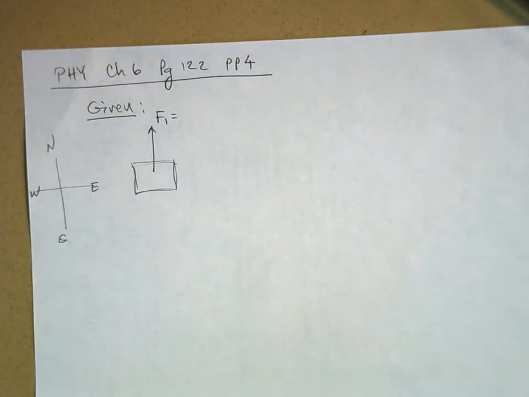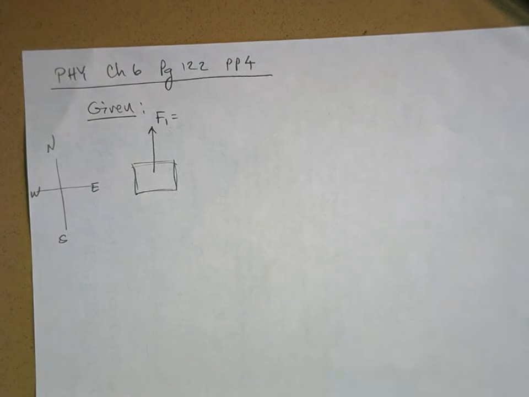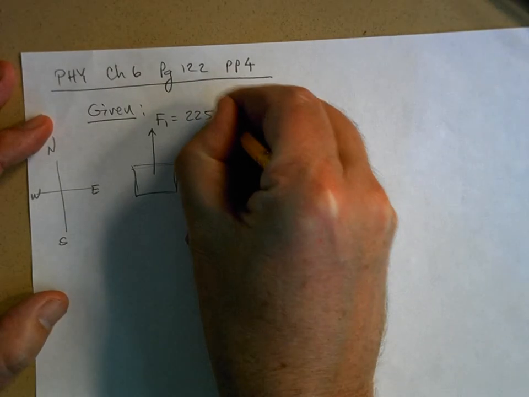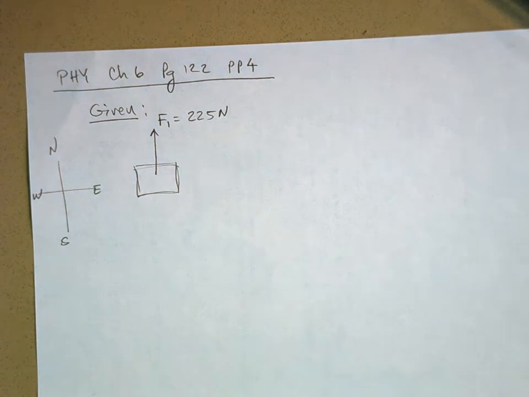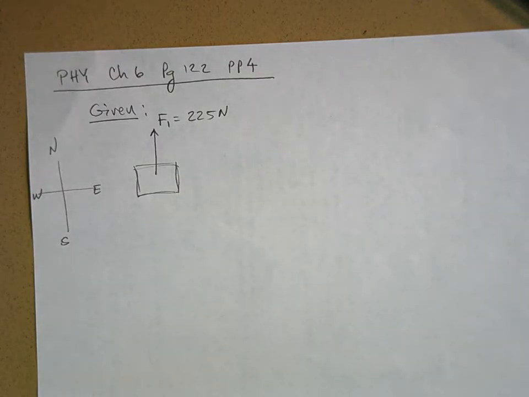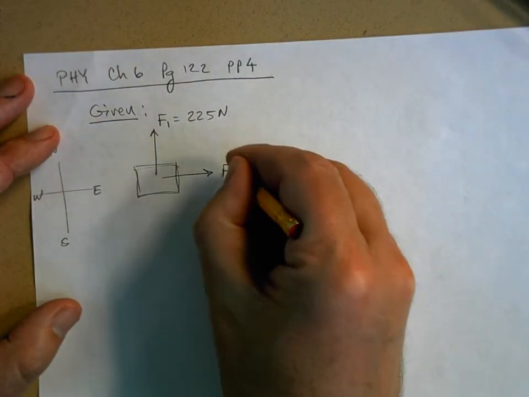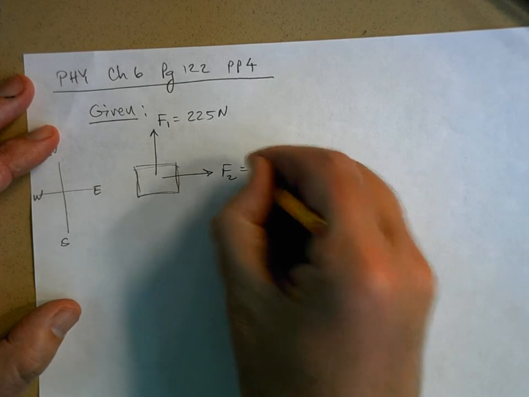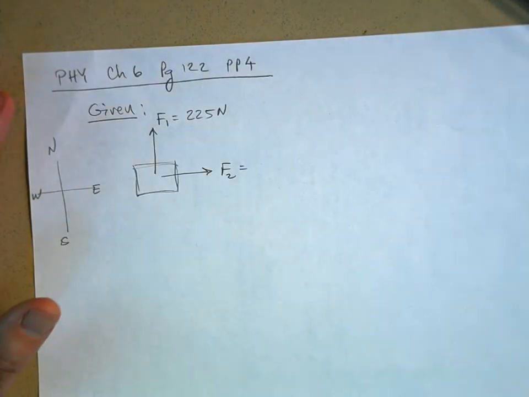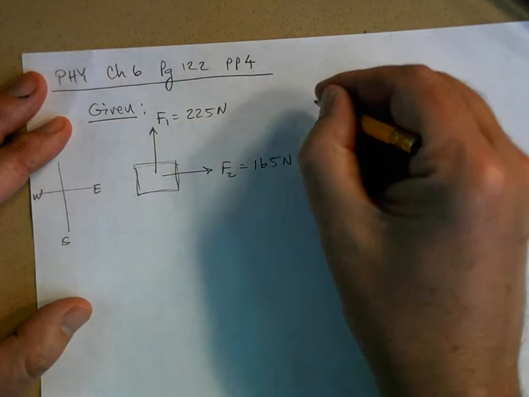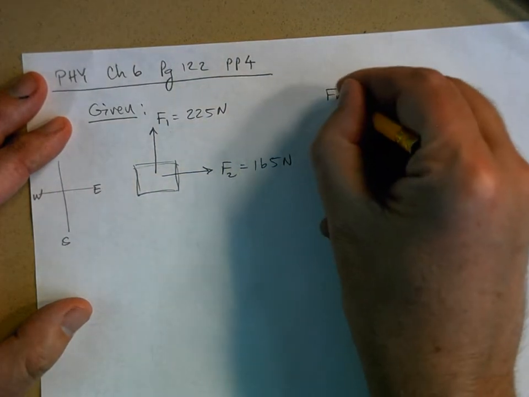I just made that up, you didn't have to call it F1. But 225 Newtons. And then F2, the other force, is a 165 Newton force exerted toward the east. And it wants to know what is the net force.